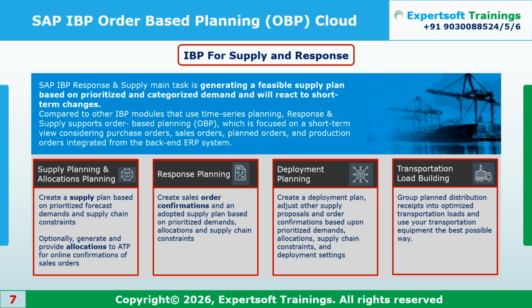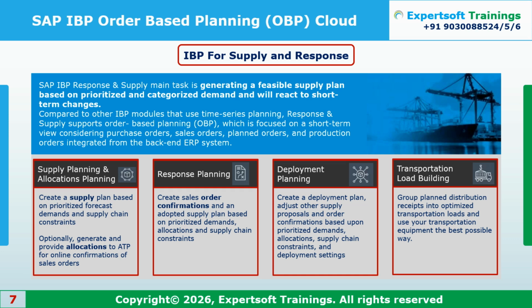Supply planning, basically, will read your existing constraints and your demand, and against that it will help you to generate the receipts. It can be planned orders or purchase requisitions, all those things. Whenever you are generating that supply plan, it will also consider the allocations which you have maintained.